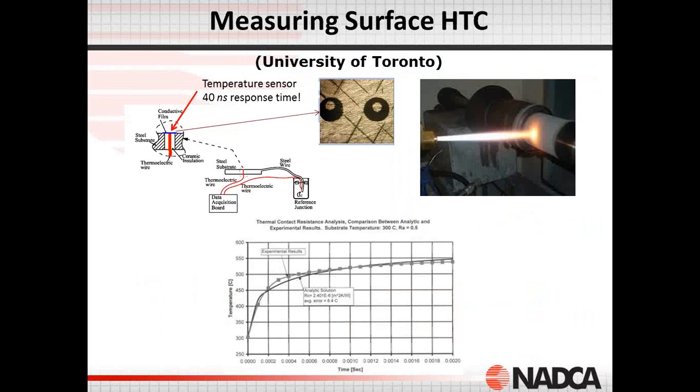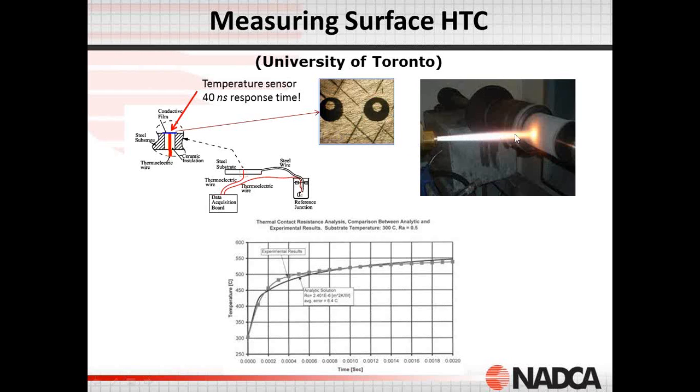So it turns out that the University of Toronto had faced a very similar challenge and a need to understand heat transfer coefficient. The process they were interested in is a thermal spray coating process in which you have a plasma torch accelerating material at very high speed, sometimes supersonic, onto a surface that we wish to coat. They would inject powdered material, powdered ceramics or steel or whatever they wish to coat.